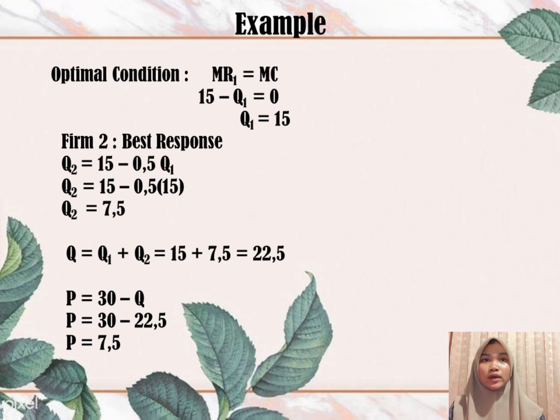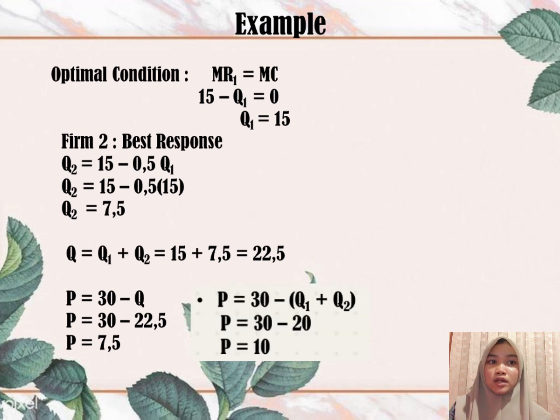So if we compare the price in the Stackelberg model with the Cournot model, in the Stackelberg model we got P equals 7.5, but in the Cournot model, we got P equals 10. So we can give the conclusion, which is that Cournot gets a higher revenue compared to Stackelberg.